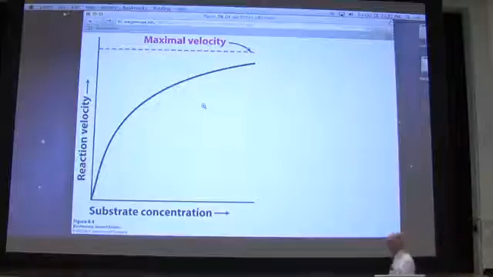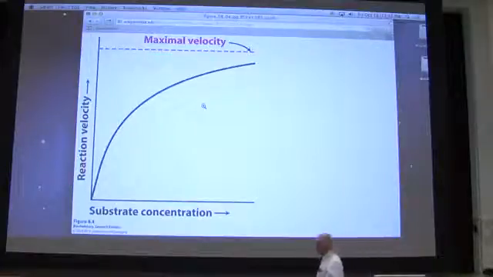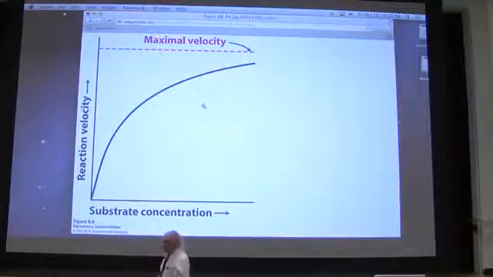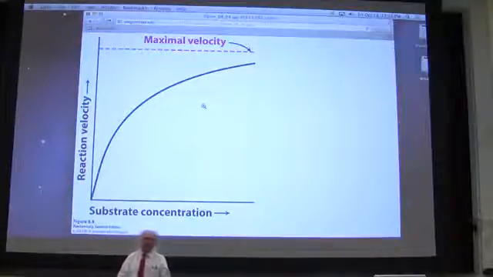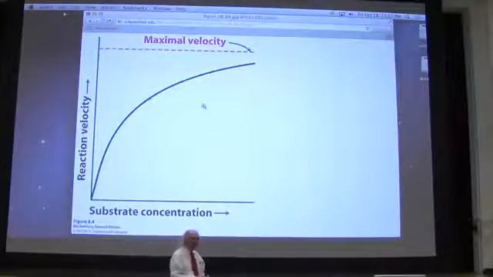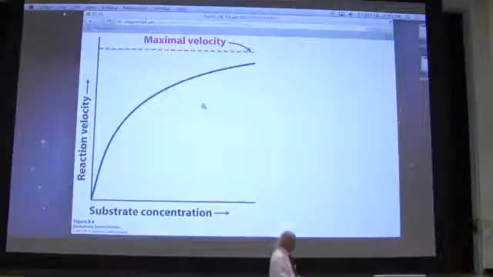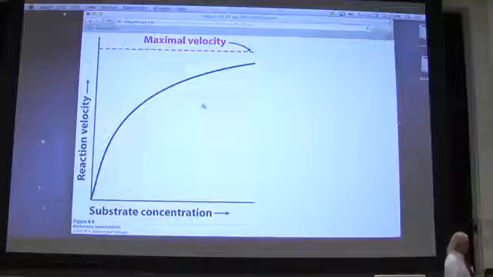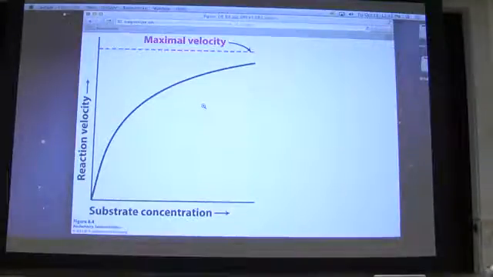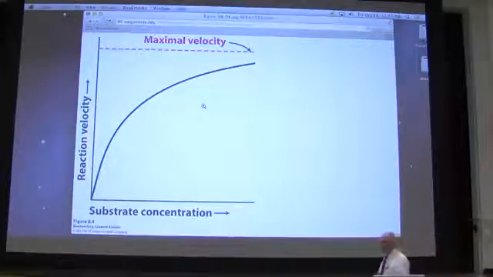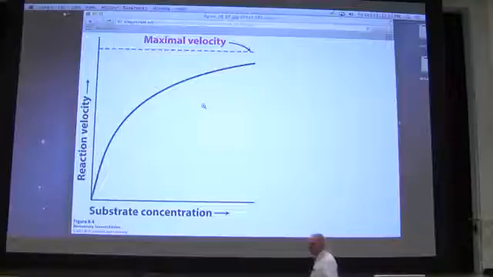Enzyme velocity is equal to the concentration of product over time. That's pretty straightforward. That's expressed as molarity per second, molarity per minute, millimolarity per second, millimolarity per minute. That's what the velocity component is.